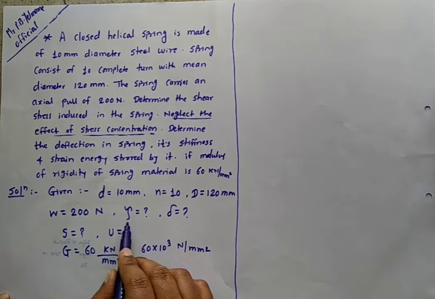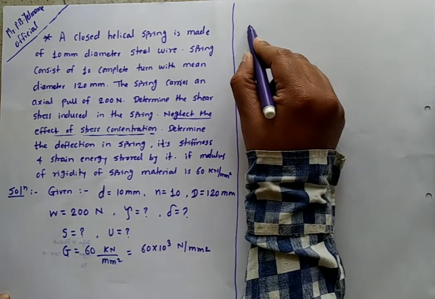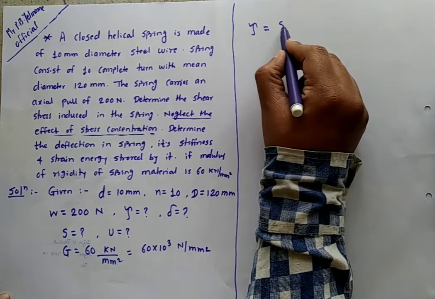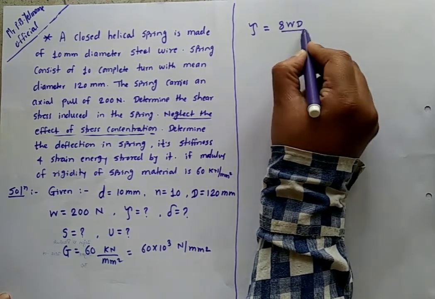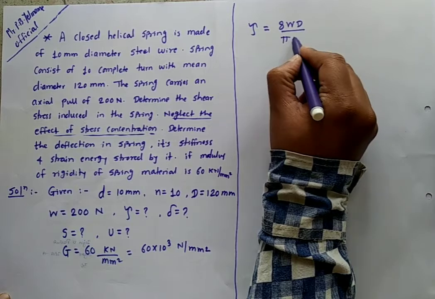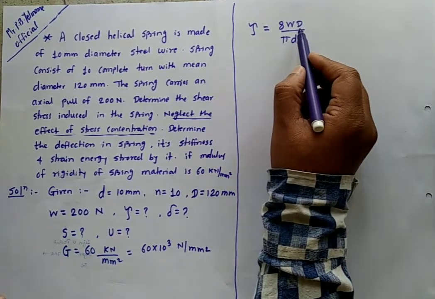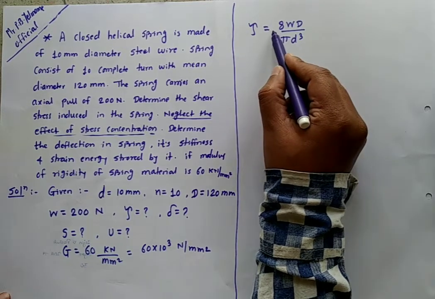Now, first we calculate the shear stress. We know that the formula of shear stress, tau, is equal to 8WD upon pi d cube. If we neglect the curvature effect, then multiply by Ks.